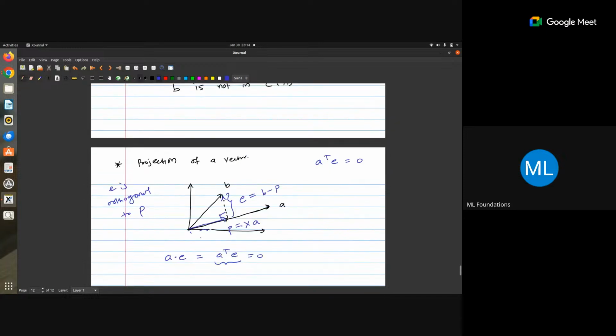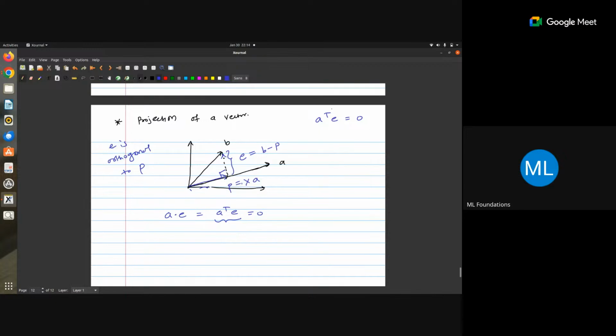So above, A transpose E equals 0. What is E then? B minus P. If I expand this expression, it becomes A transpose B minus A transpose P equals 0.